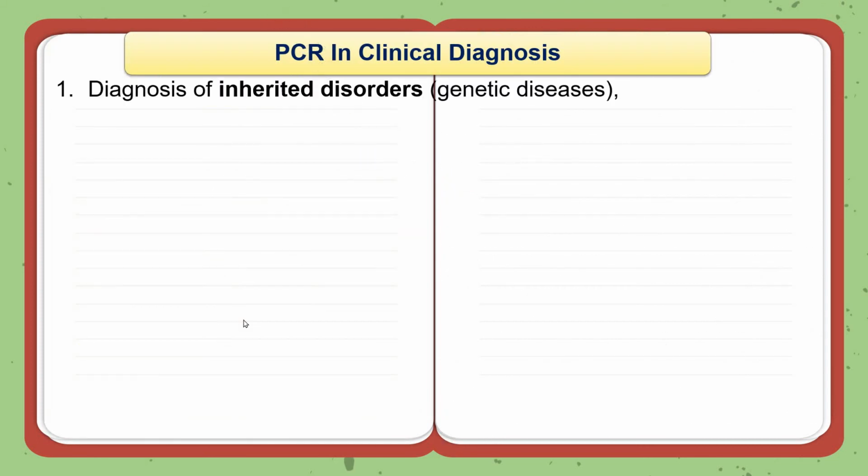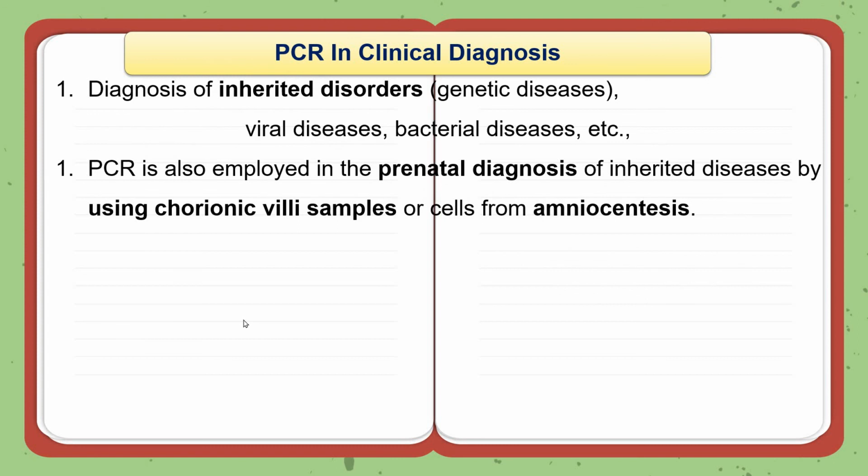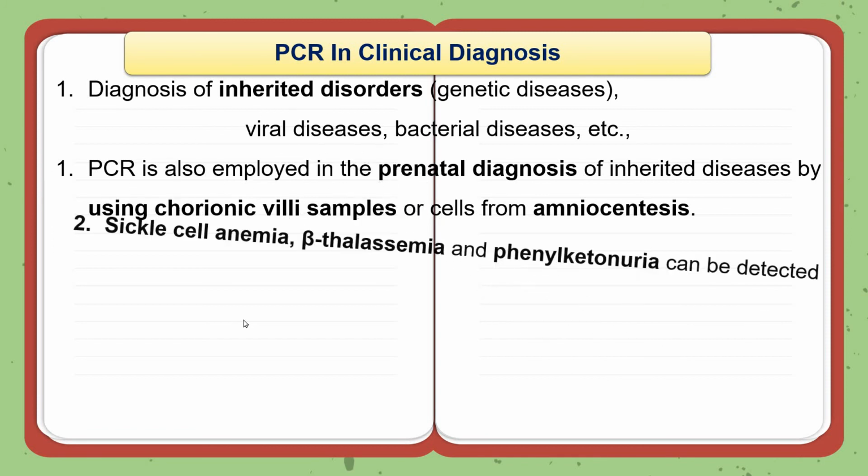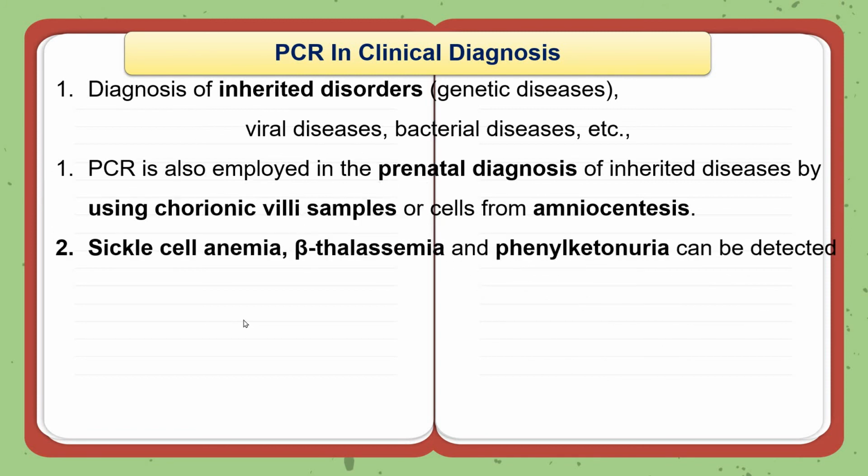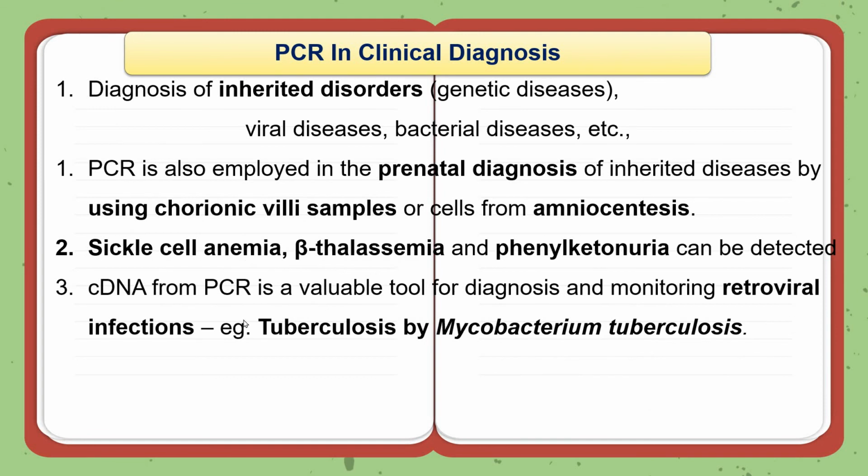Next, PCR in clinical diagnosis. Diagnosis of inherited disorders. For example, genetic disease, viral disease or bacterial disease can be diagnosed. PCR is also employed in the prenatal diagnosis of inherited diseases by using chorionic villus sample or cells from amniocentesis.